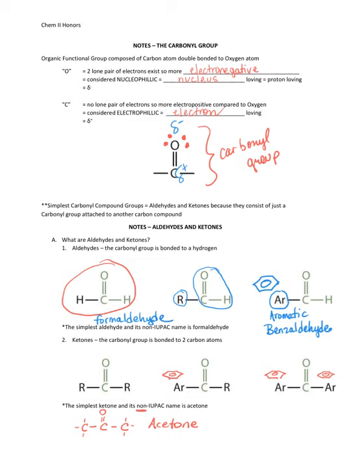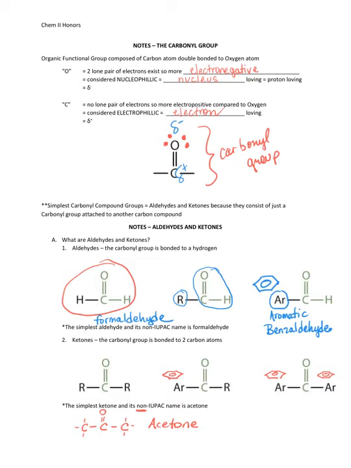Let's look at the next one. We have a carbonyl group. It's in the middle of the chain, so instead of an aldehyde, we have a ketone. Our carbon chain has 1, 2, 3, 4, 5 in it. Again, that is pentane. Because it is a ketone, we drop the E and add ONE at the end.